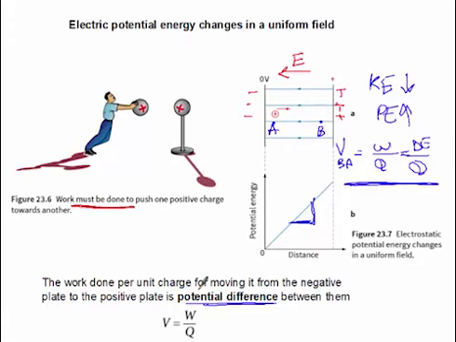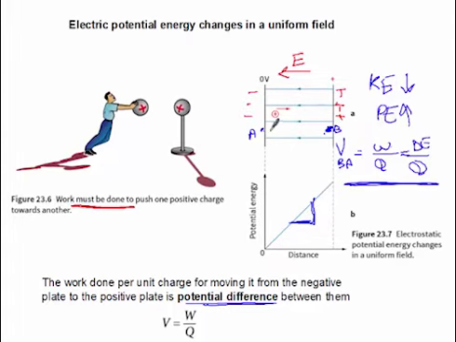So now, if we are taking a charge from the negative plate to the positive plate, let's consider that the charge was here at point A, and we want to bring it here to point B, which is on the positive plate.